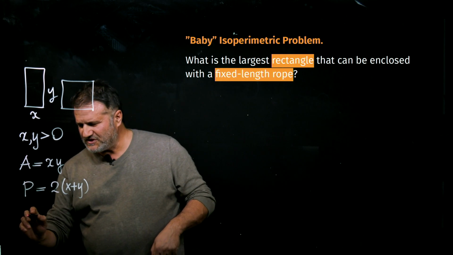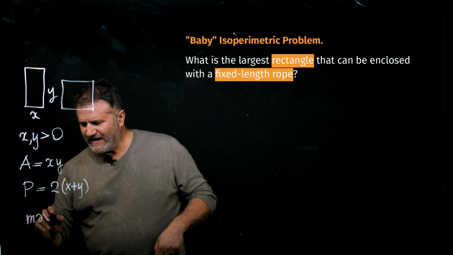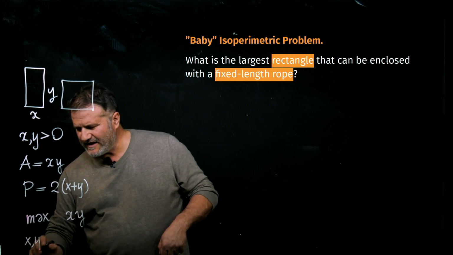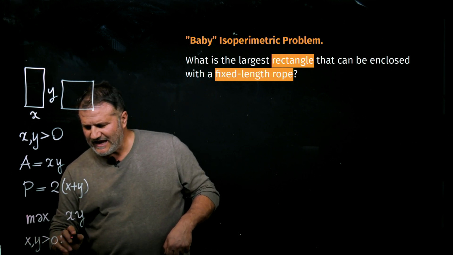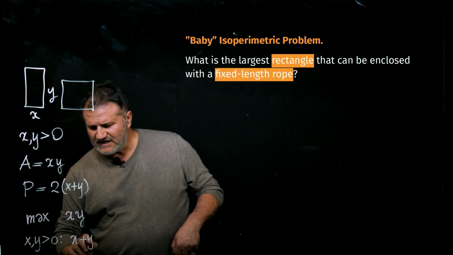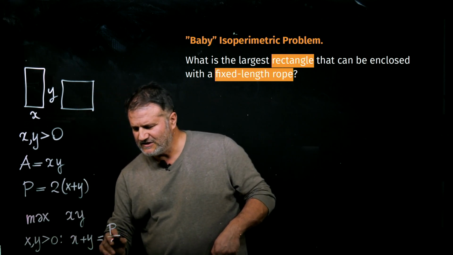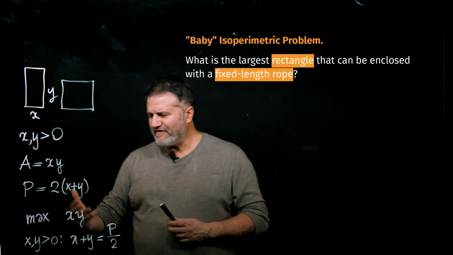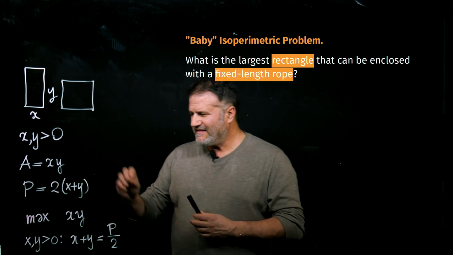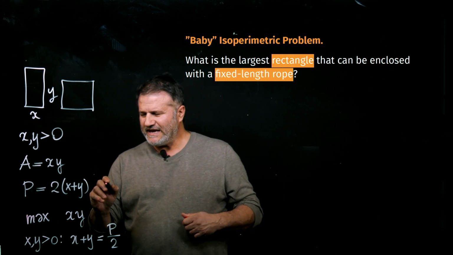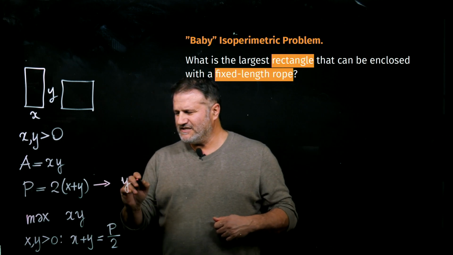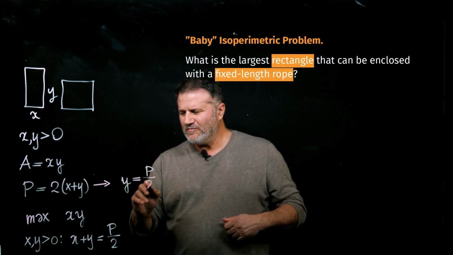So the problem consists in solving this. Find the maximum of x times y on all x, y positive, and such that x plus y is equal to p divided by 2. Now, under this form, it is a problem for a function of several variables. But thanks to this constraint, we can also write that y is equal to p half minus x.